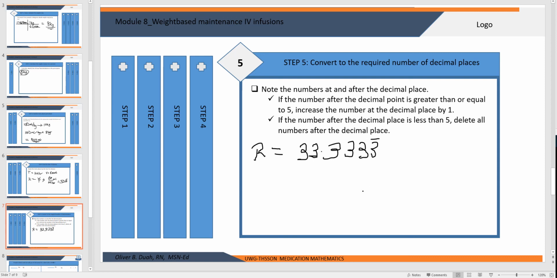If we are leaving this to 1 decimal place, the tenth, we count 1 after the decimal point. So we're supposed to leave our answer to only 1 decimal place, and so this is 1 decimal place.